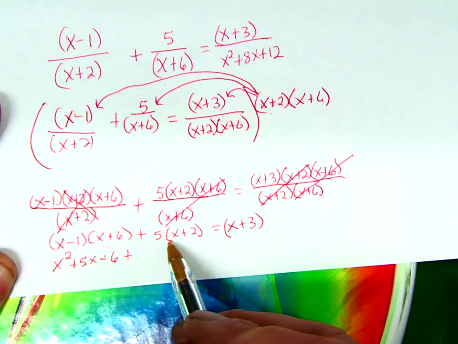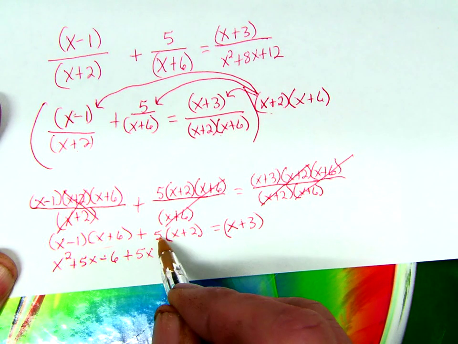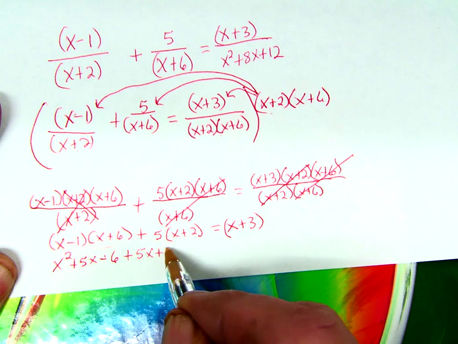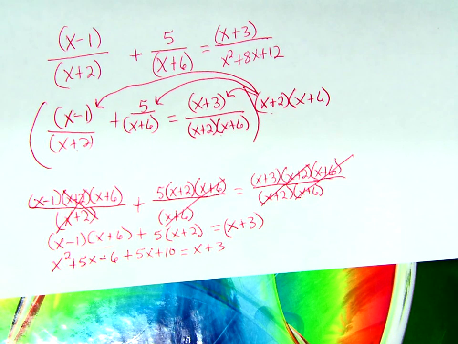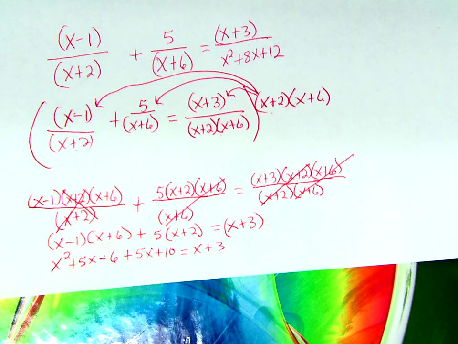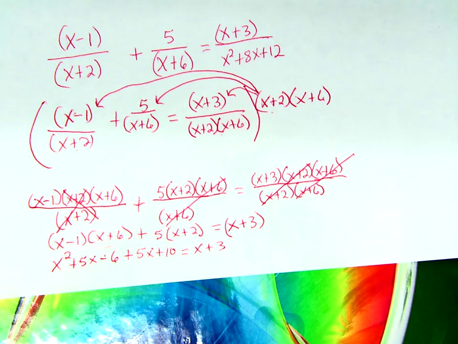Plus, now we do this. 5 times x is 5x. 5 times 2 is 10, equals x plus 3. Then you would simplify and solve for x. This is not new. This is new. All right, let's look at a couple more examples.